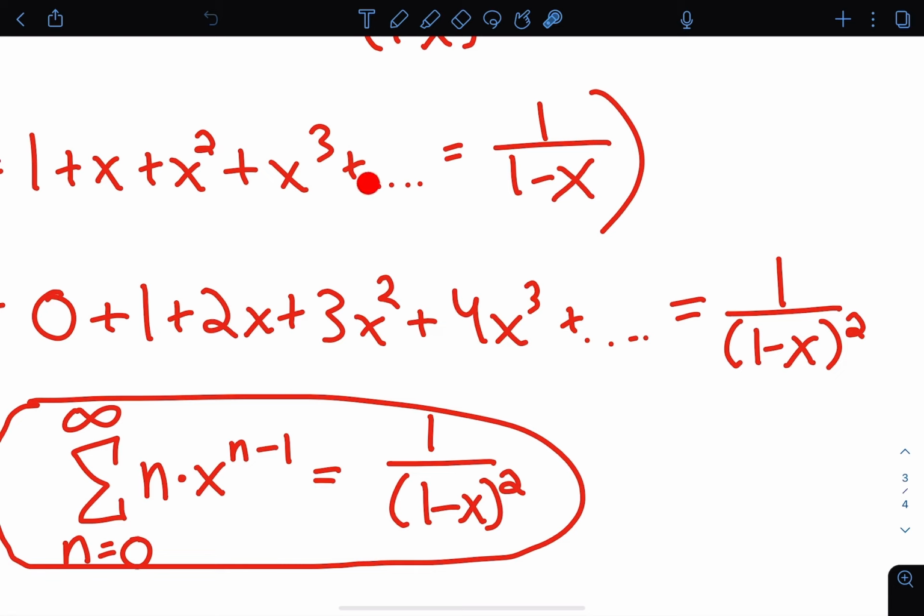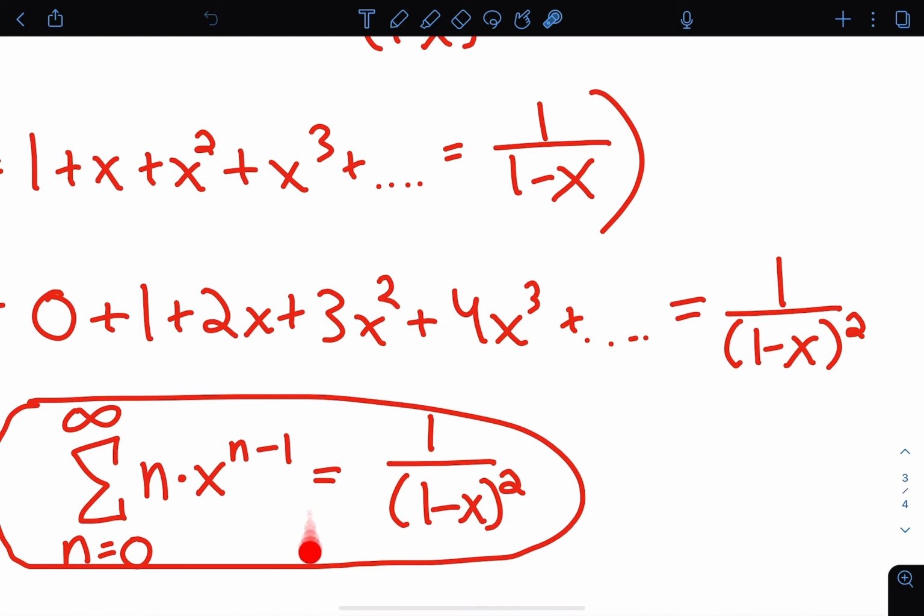The next term would be x to the fourth, 4x cubed, dot dot dot. We would keep going. So how do I get this as my answer, 1 over 1 minus x squared? I took the derivative of 1 over 1 minus x, which means taking the derivative of all of the terms that add up to this.